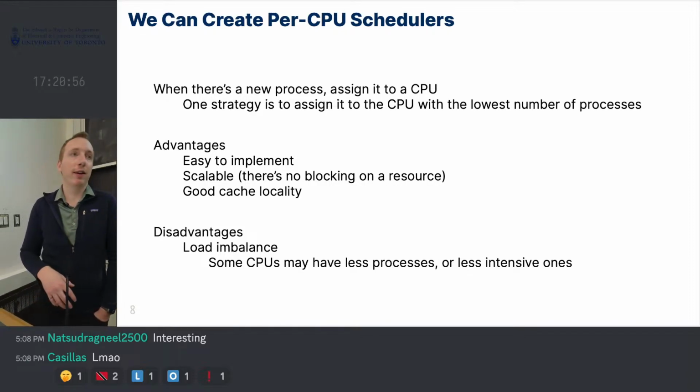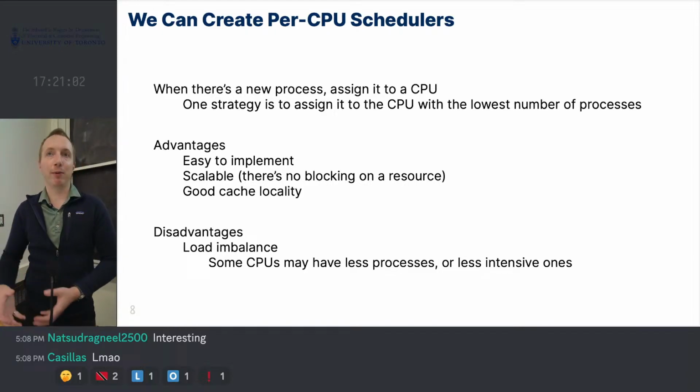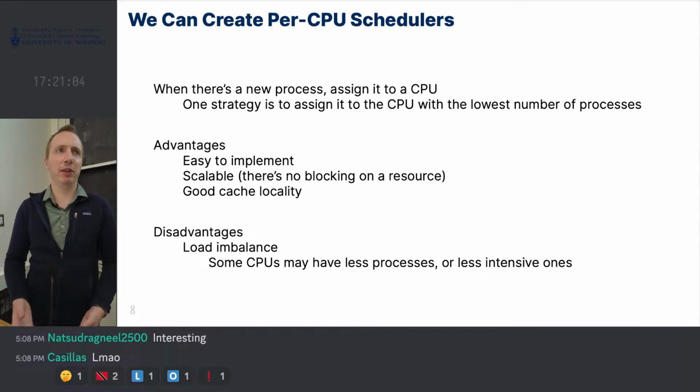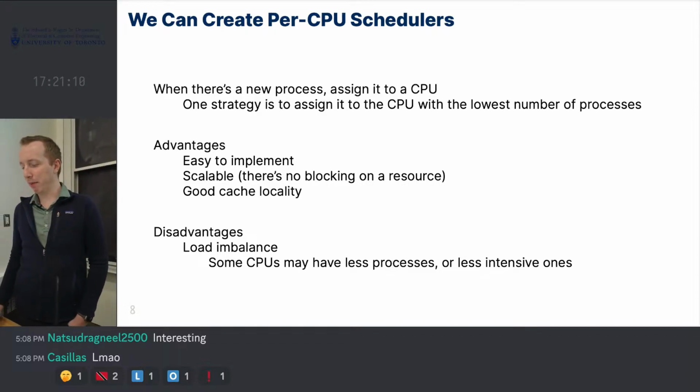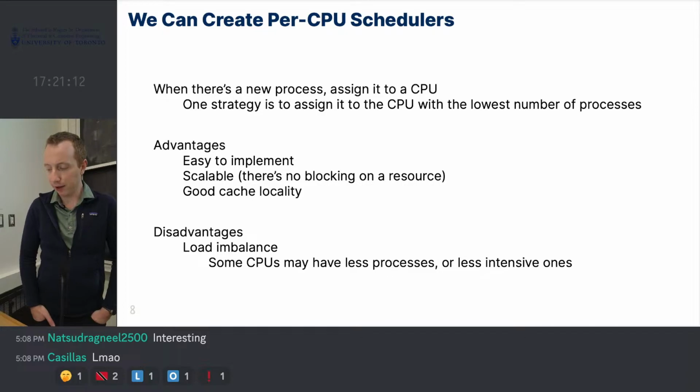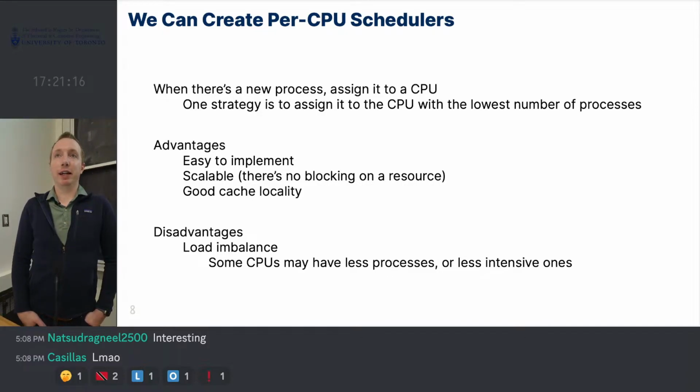So some advantages of this is it's easy to implement. If I have one round robin queue, I can just make a round robin queue per CPU without really changing anything, and just picking what CPU to schedule a process on isn't that complicated. It's also scalable. We're not blocking on a global decision.